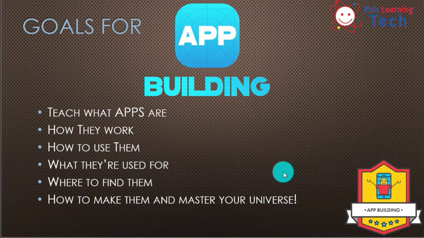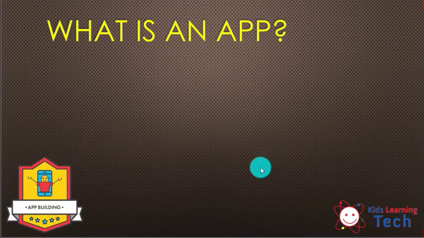The better you understand the technology that is around you, the more able you are to control your own destiny, to control your own life. Now, so many of the programs that all of us have, the way that we interact with technology, is increasingly built around apps, these applications. So, with that in mind, we want to break it down to understand what is an app.